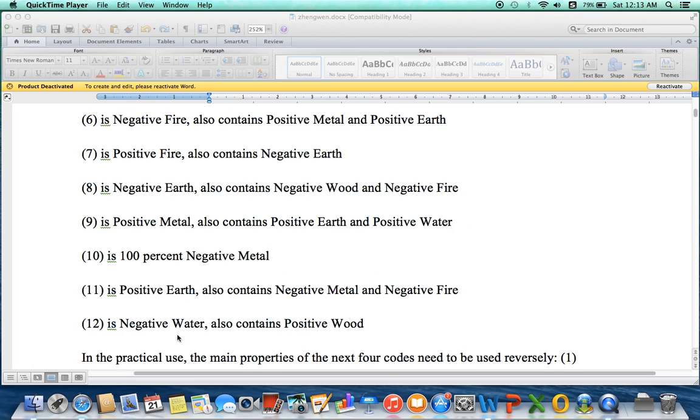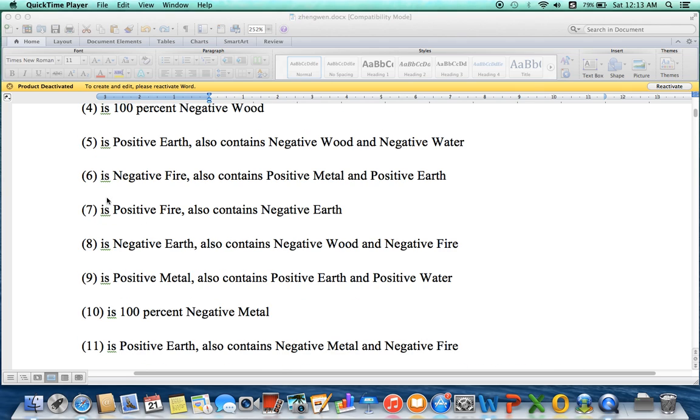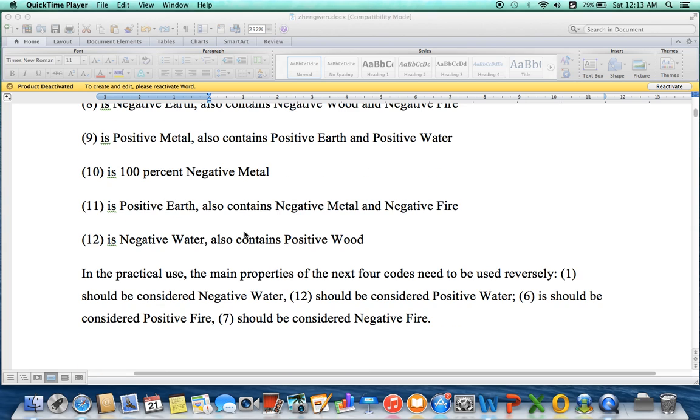Here I wrote down negative water, but when we are using it, we use it as positive water. And so are 6 and 7. 6 is negative fire, but we should remember it as positive fire. 7 is positive fire, and when we use it to tell fortunes, it is negative fire.